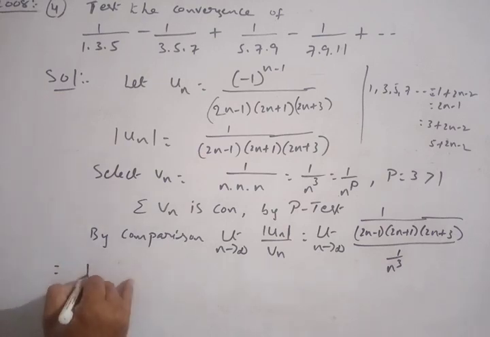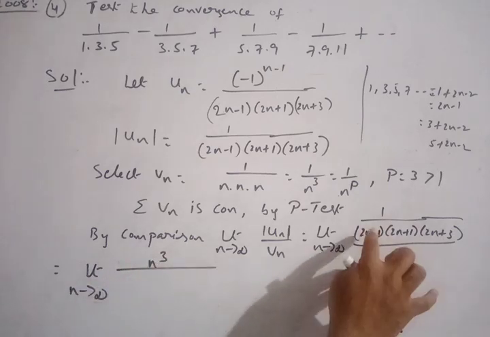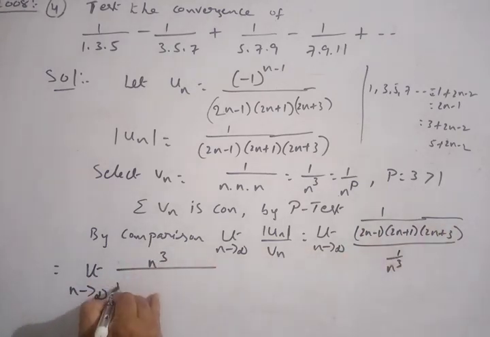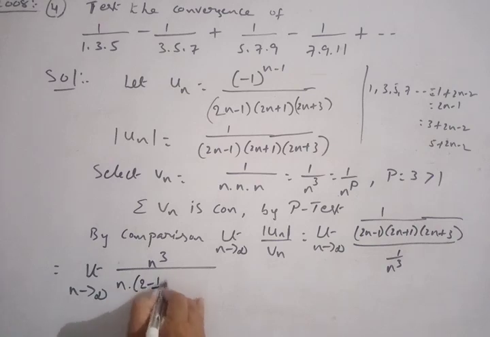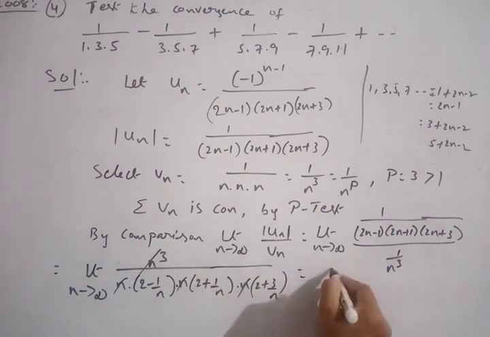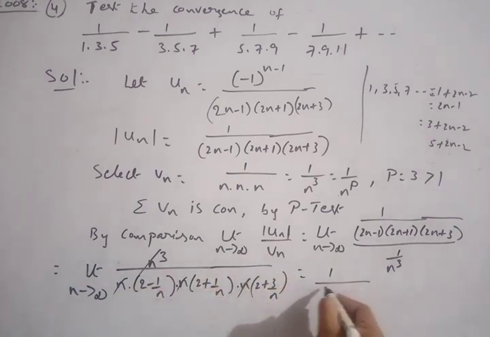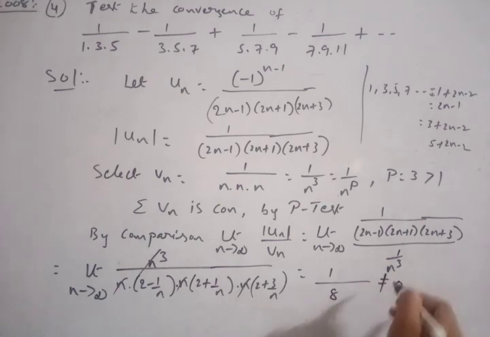This is equal to limit n tends to infinity, n cube in the numerator. Take n common, n common, n common. If I take n common, 2 minus 1 by n, and here n common, 2 plus 1 by n, and here one more n common, 2 plus 3 by n. N cube got cancelled. If I apply infinity, 1 by infinity is 0, 1 by infinity is 0, 3 by infinity is 0, and 2 times 2 times 2 is 8, not equal to 0. Correct? Not equal to 0.